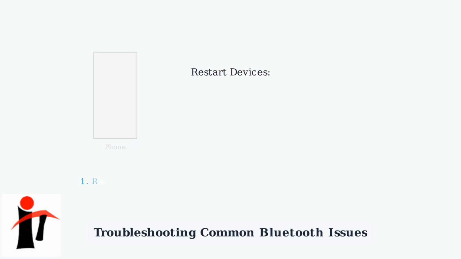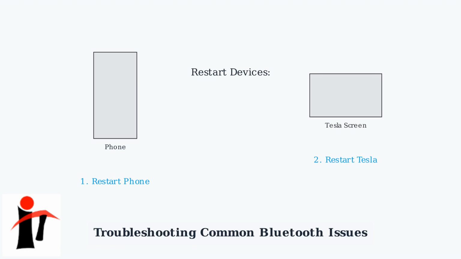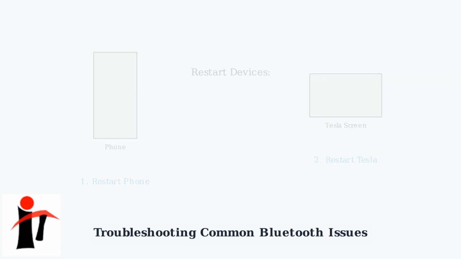Another common solution for pairing issues is to restart both your phone and the Tesla vehicle. This simple step can clear temporary glitches in the Bluetooth connection. First, fully power off your phone, wait a few seconds, then turn it back on. Similarly, put the Tesla into sleep mode or restart it through the touchscreen controls. After restarting, try pairing again.